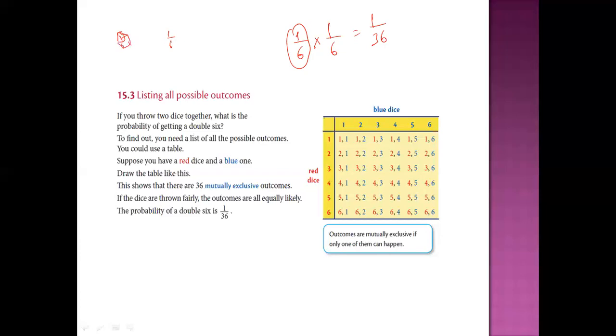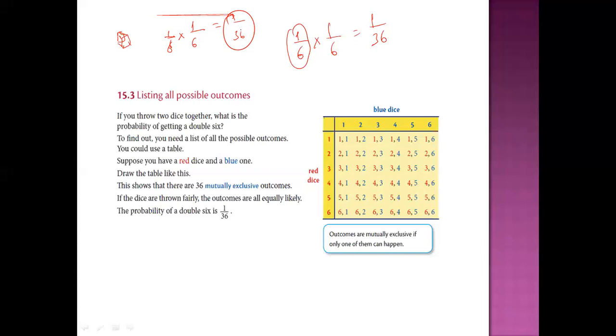That's why 1 over 6 times, and the second one is also 1 over 6, and in total 1 over 36. So when you throw two dice together, the probability of getting a double six is 1 over 36.